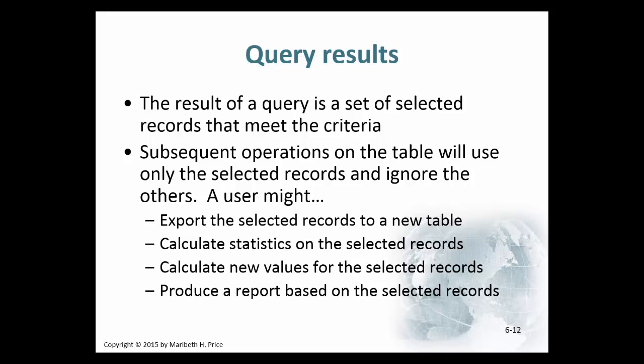There are many reasons to write queries, and there are a number of things you can do with the records selected from a query. A few of the things you can do with the selected records include create a new layer, calculate statistics, calculate new values, generate reports.